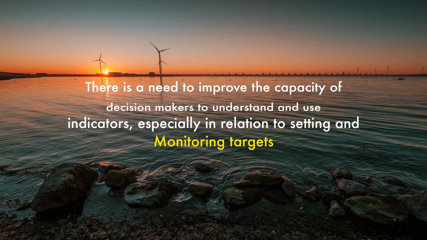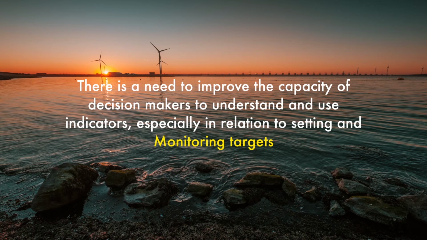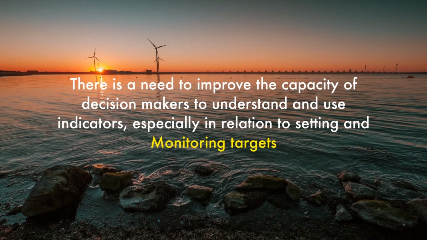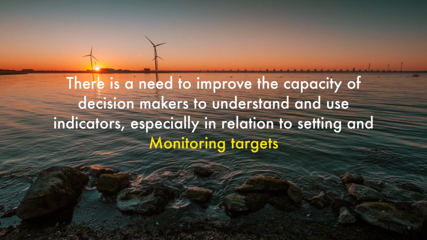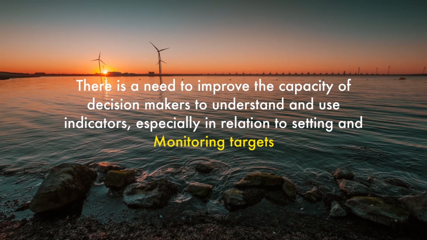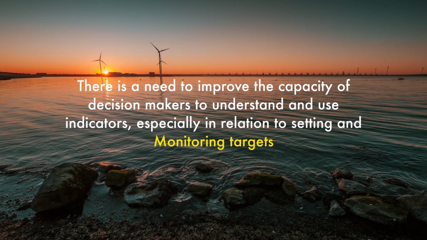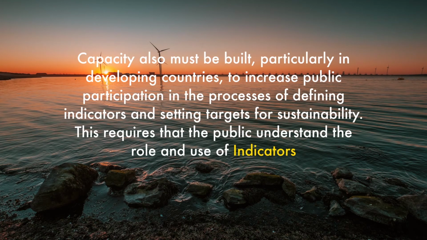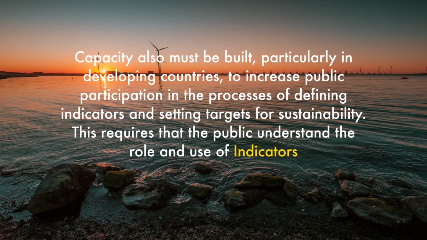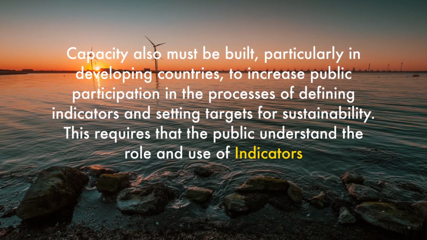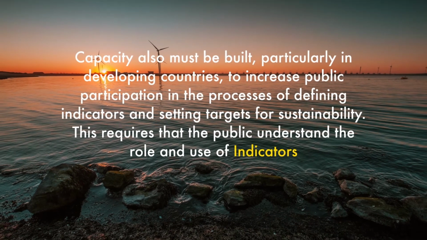There is a need to improve the capacity of decision makers to understand and use indicators, especially in relation to setting and monitoring targets. Capacity also must be built, particularly in developing countries, to increase public participation in the process of defining indicators and setting targets of sustainability. This requires that the public understand the role and use of indicators.